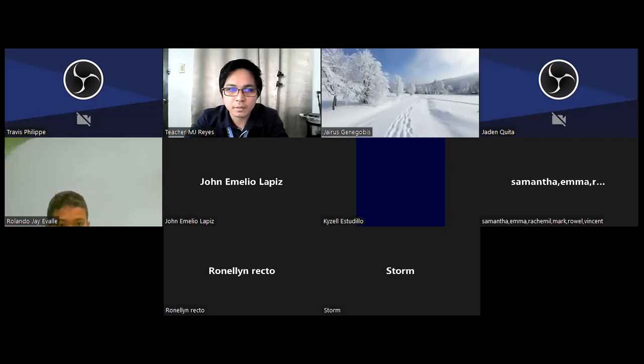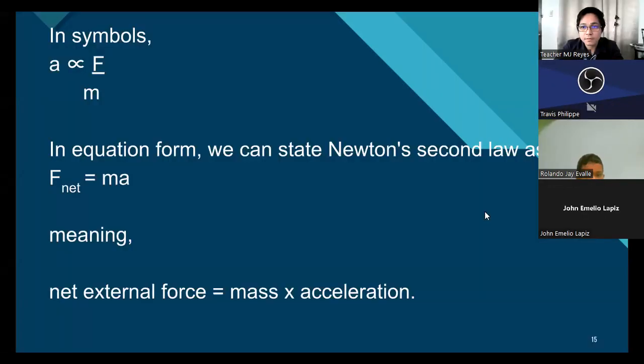Okay, let me reiterate what we had discussed. Please take down notes. Okay, we had just discussed this one last meeting. Correct? Yes, sir. So the formula, please take down F net, or net external force, is equal to mass times acceleration, because again, there is a relationship between mass and acceleration.